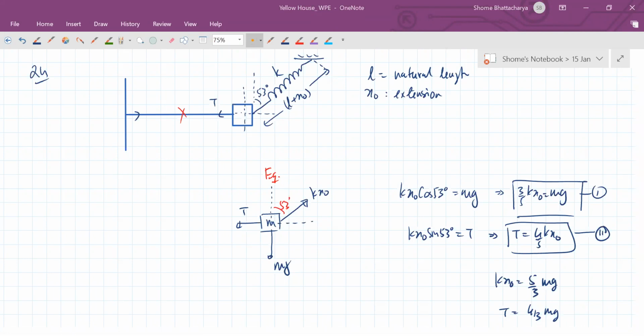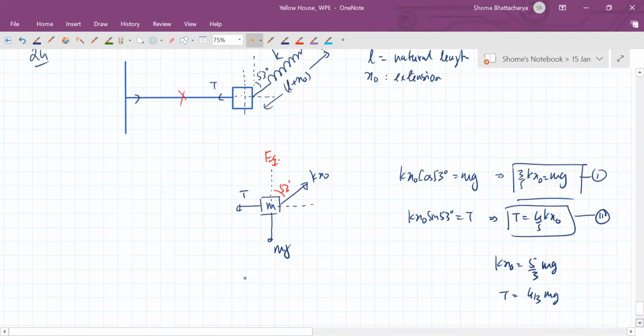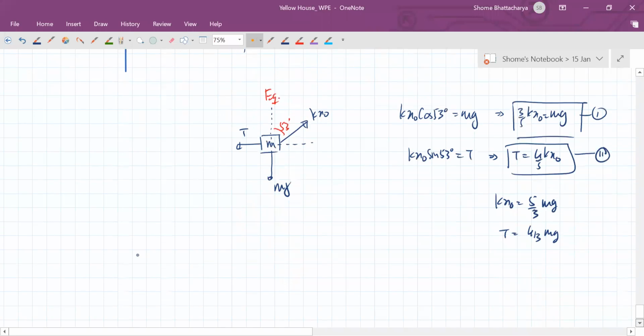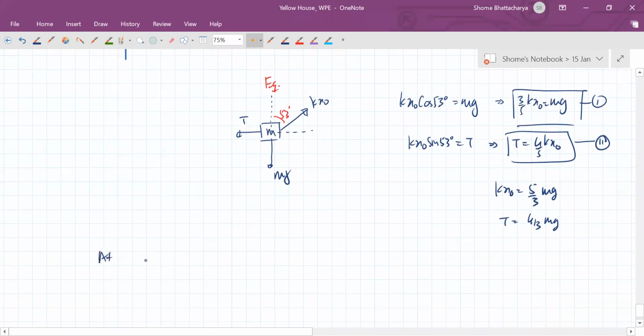Okay. Now what will happen is the moment we cut the thread, at the instant the thread is cut, okay, tension becomes 0, but x naught is the same.